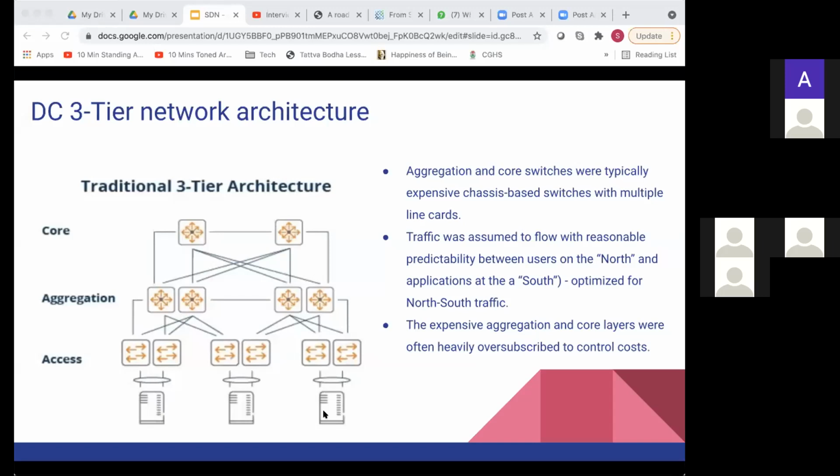The traffic that flows vertically through this network was called north-south traffic. This architecture was optimized for that specific traffic.